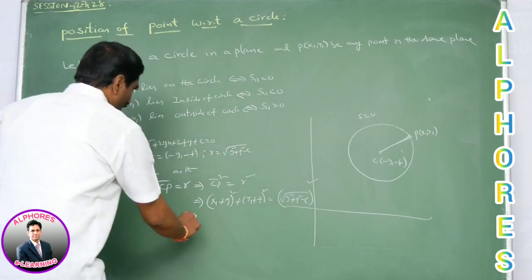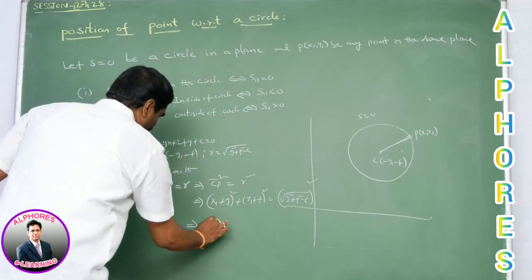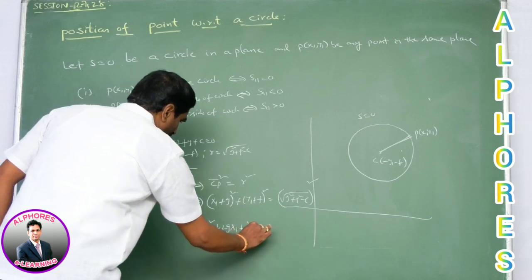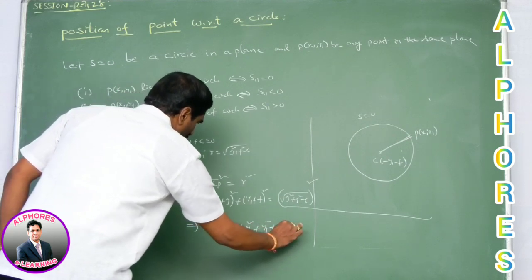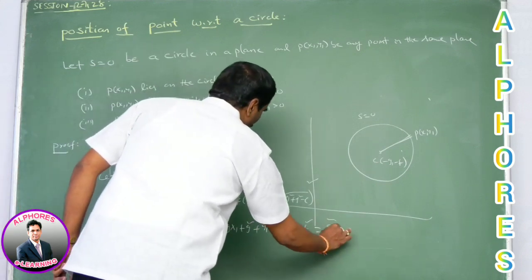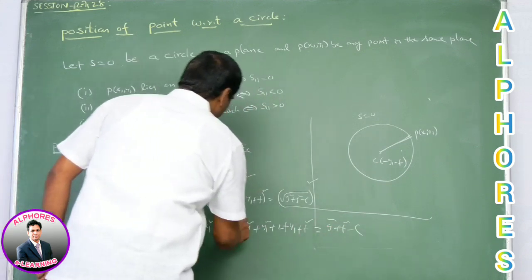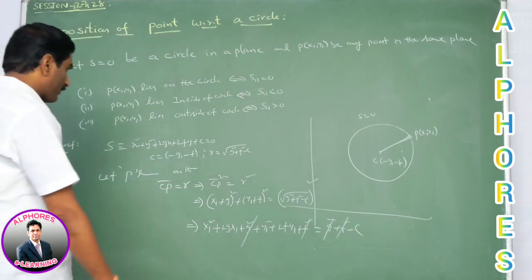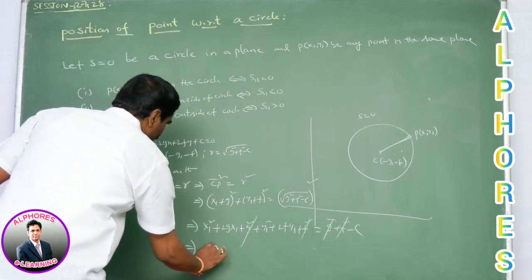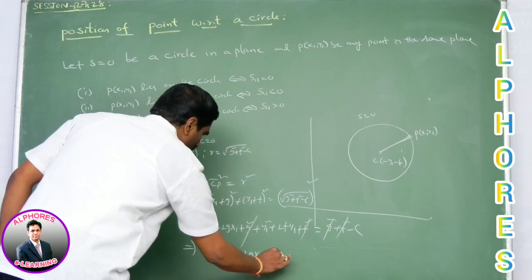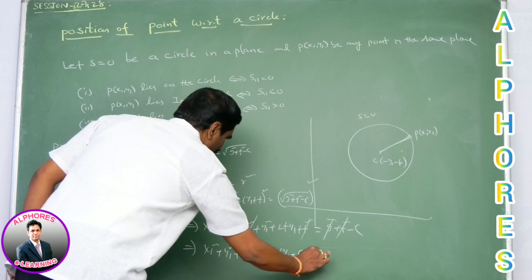Okay. After simplification we get x1 square plus 2gx1 plus g square plus y1 square plus 2fy1 plus f square is equal to g square plus f square minus c. On both sides g square and f square cancel. It can be reduced to x1 square plus y1 square plus 2gx1 plus 2fy1 plus c is equal to 0.